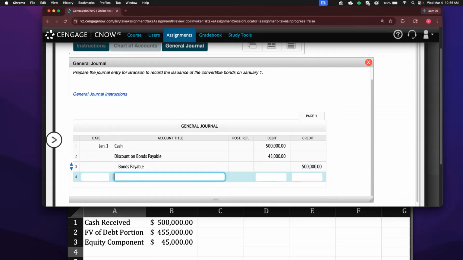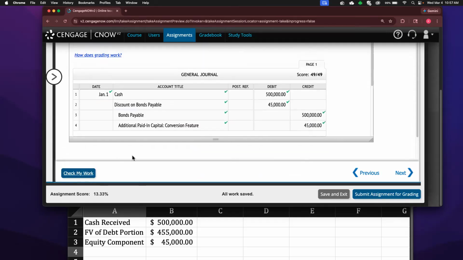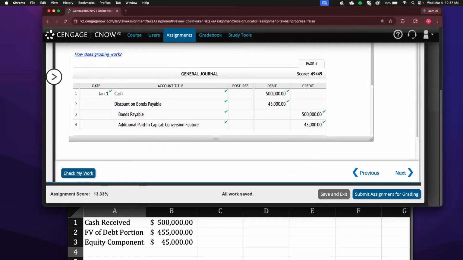Let's fix that. And we're going to credit additional paid in capital conversion feature for $45,000. So cash received 500,000, debt recorded at net 455,000, equity recorded at 45,000. Everything balances, everything's properly separated into our liability and equity components.